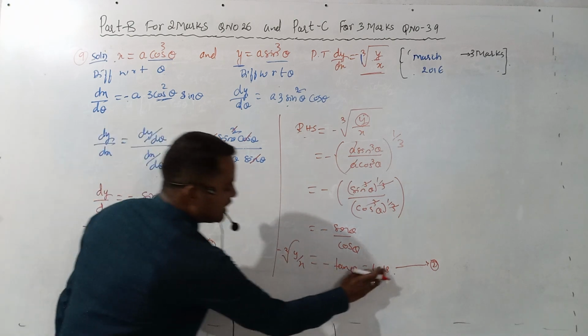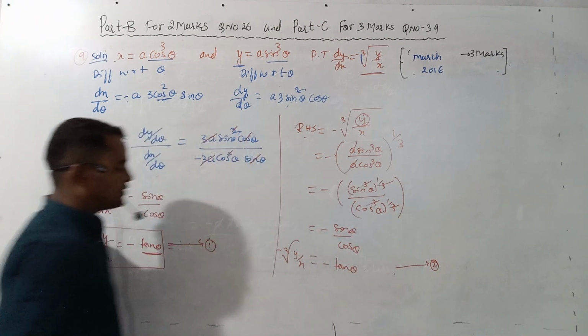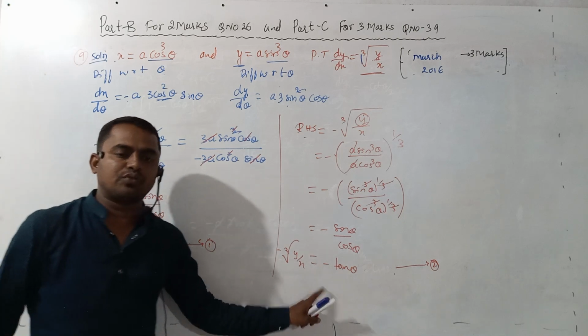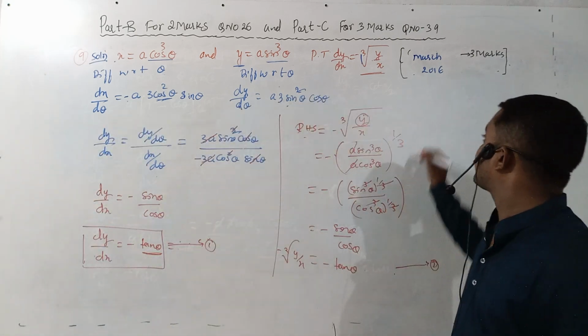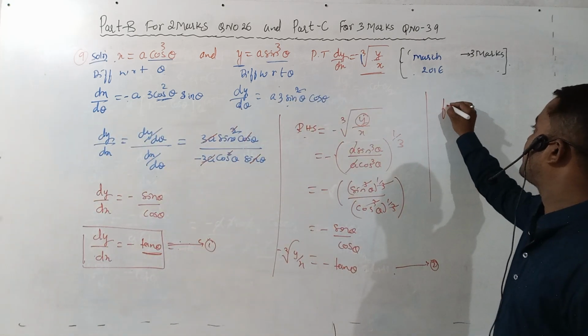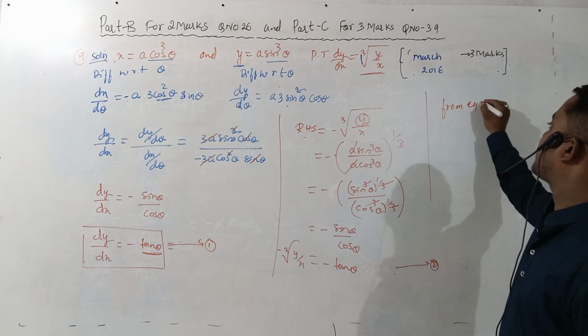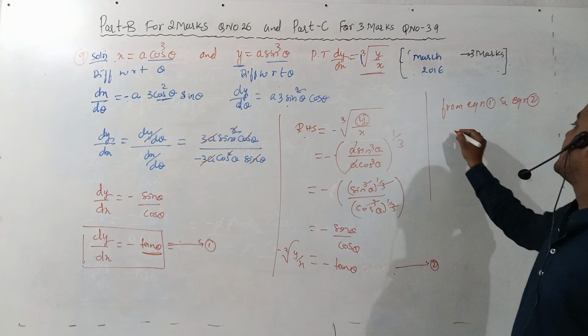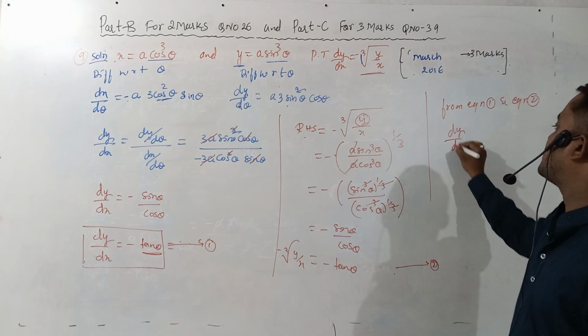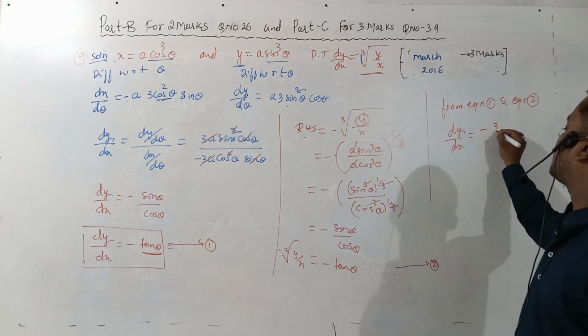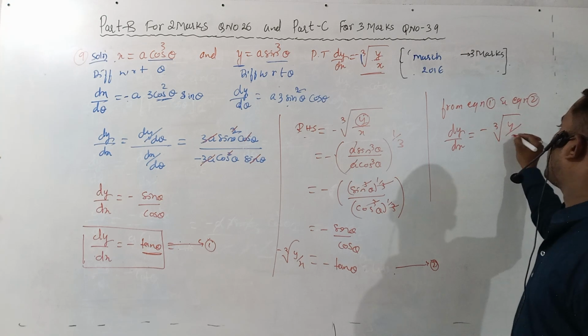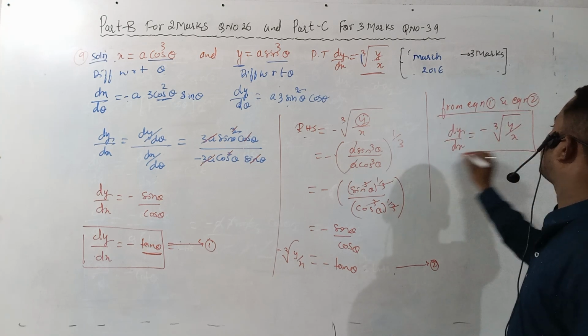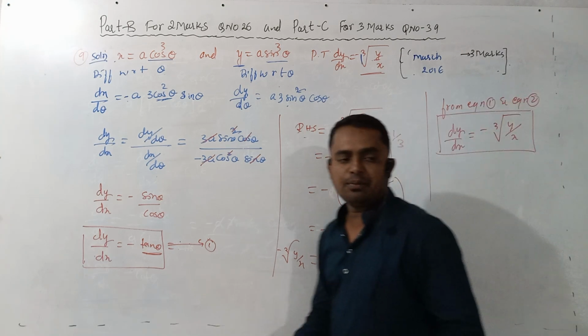Don't write LHS here. From equation 1 and equation 2, dy by dx is equal to minus cube root of y by x. Hence proved.